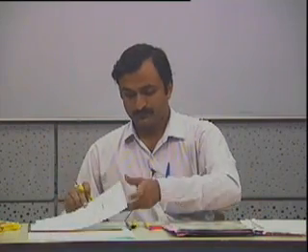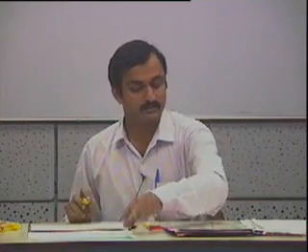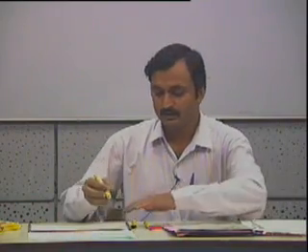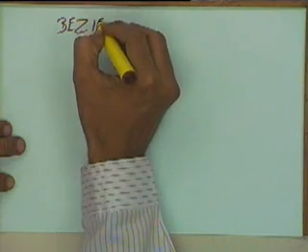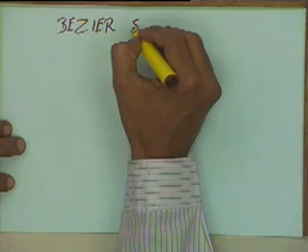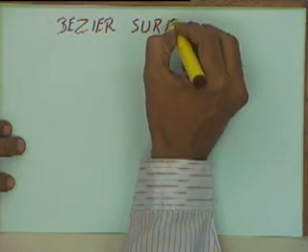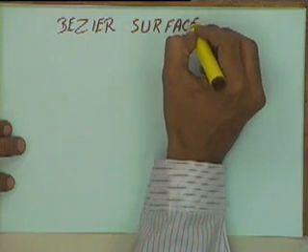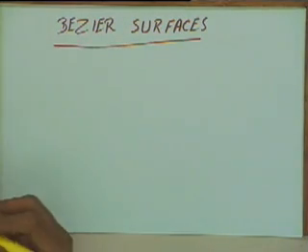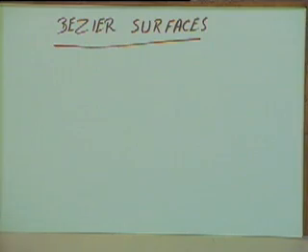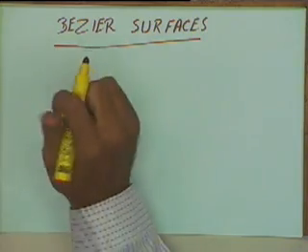Then let's take up the next type of surfaces, those are the Bezier surfaces. We have earlier defined Bezier curves.